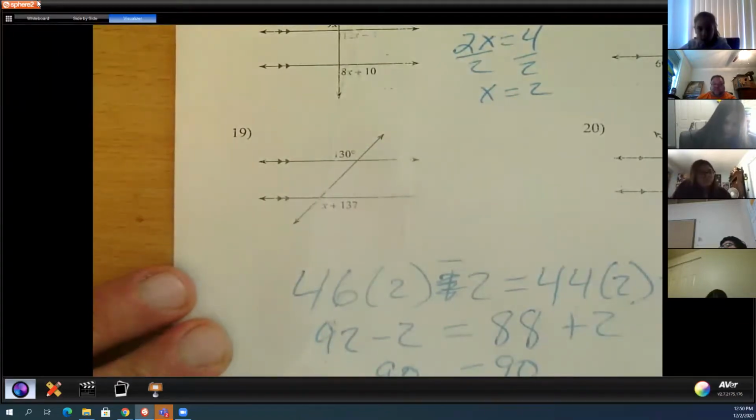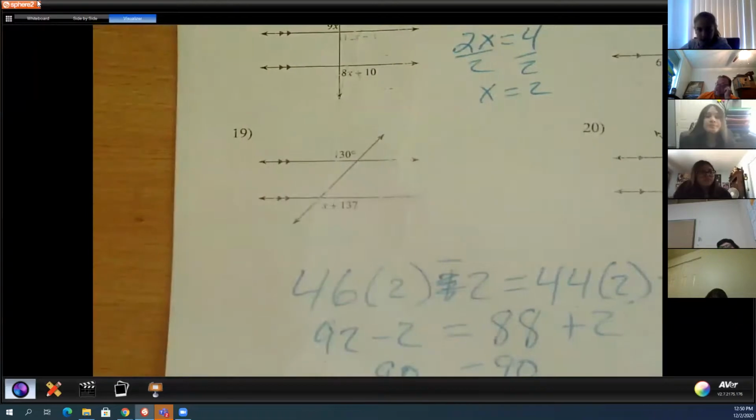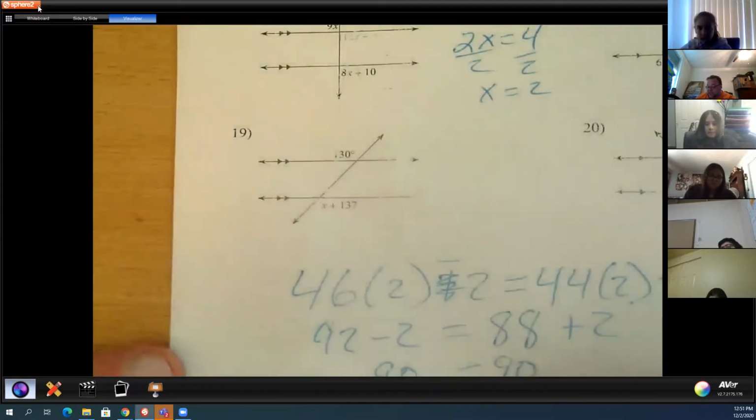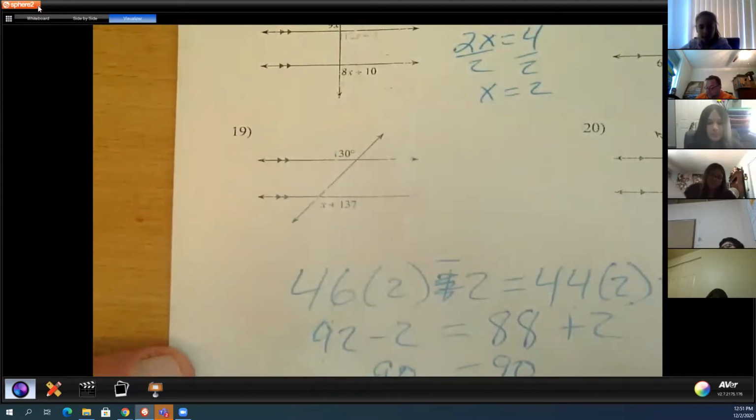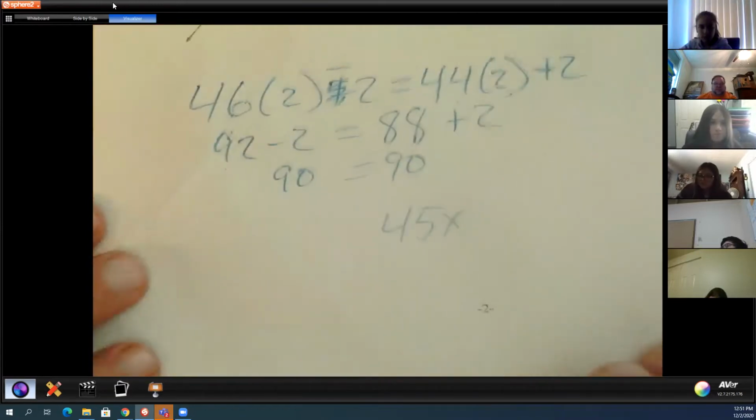So I plugged my value back in, and I found that these two equations have the same value regardless of not having the same form. Because I could have also said that it's 45x, right? Wouldn't 45x work as well if x is 2?